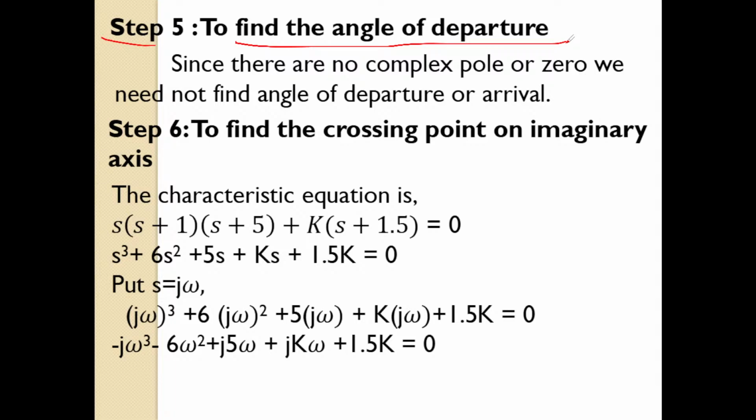After that it may travel upward or downward, any path it can choose, and it will start running parallel to the asymptote. Similarly, root locus will start from P1, reach the breakaway point and travel upward or downward. One root locus will go upward, the other will go downwards. Draw it.